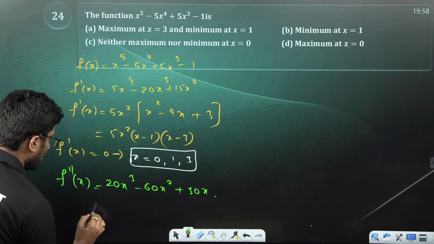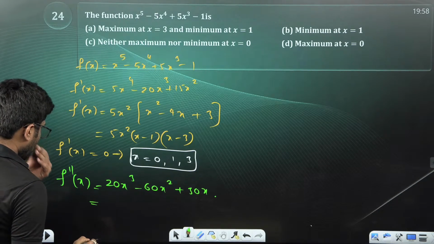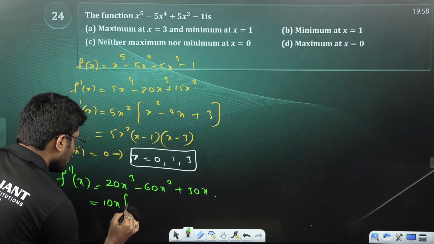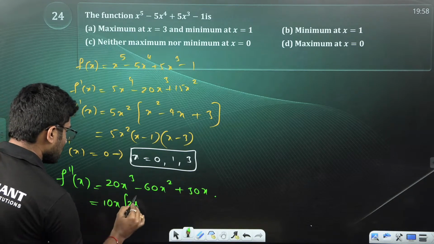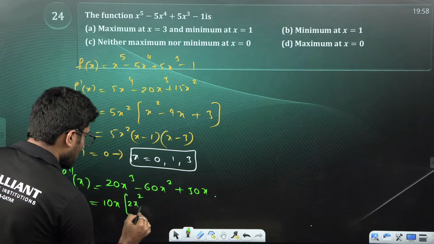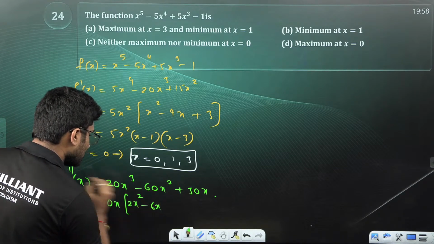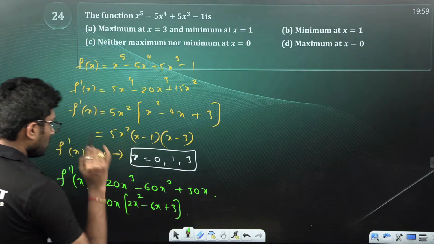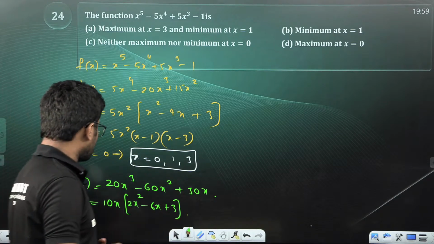What can be taken common? 10x can be taken common, then 2x square minus 6x plus 3.